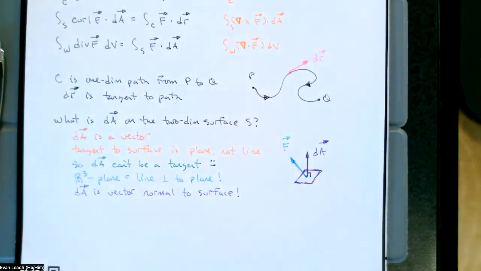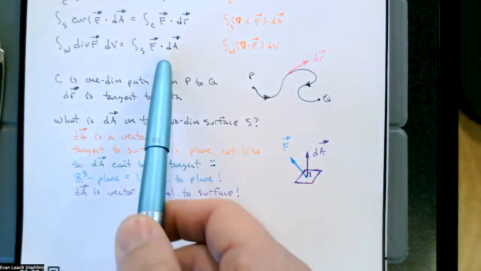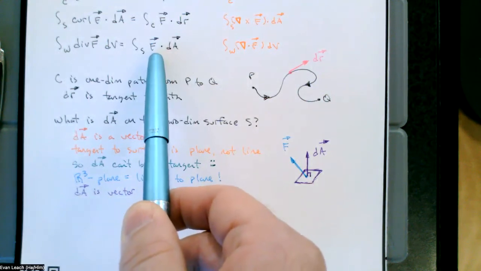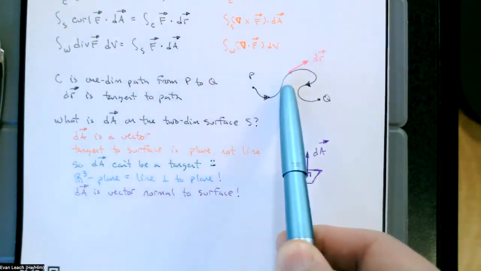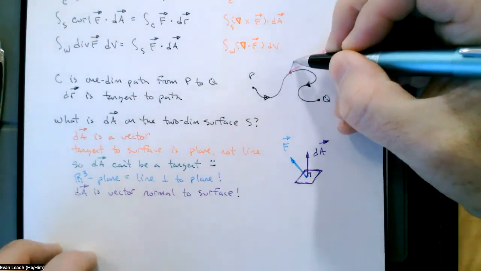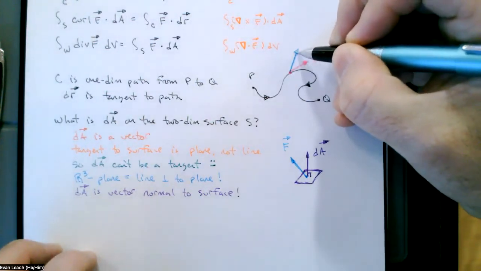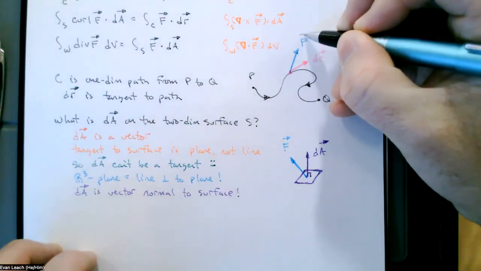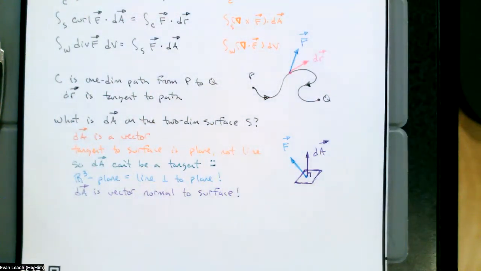How much of that vector field is flowing through the surface? How much of F in the direction of dA, the surface? And that is our dot product. Just like it was the dot product over here, when at this point, how much of our vector field in the direction of our curve?